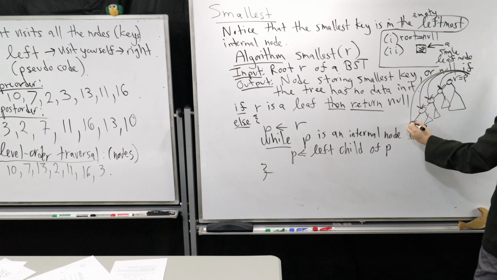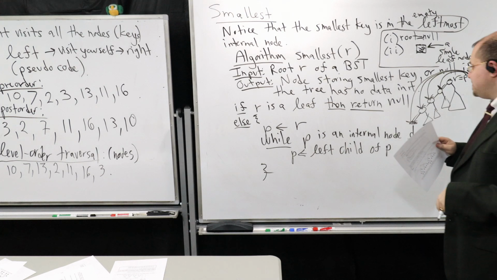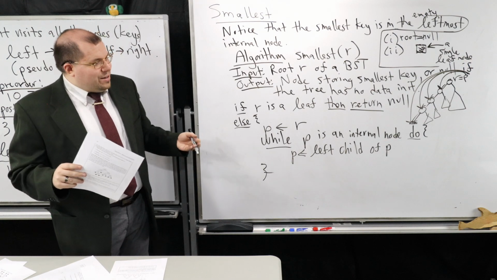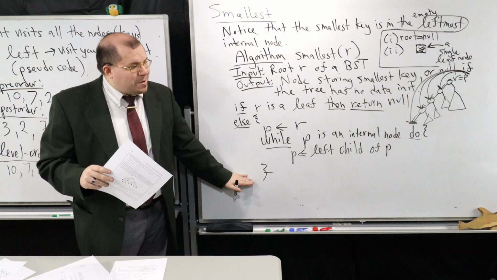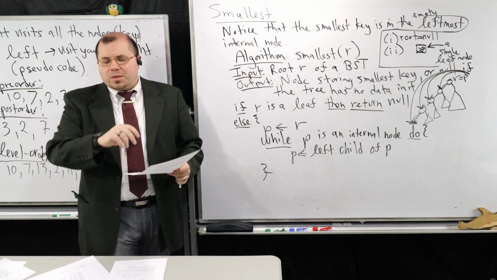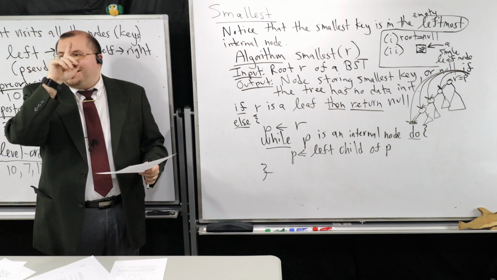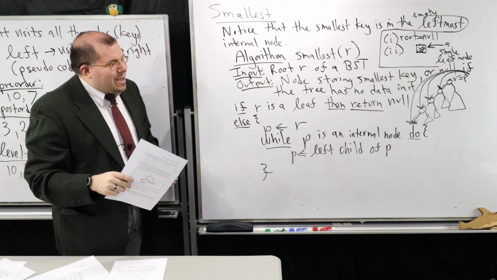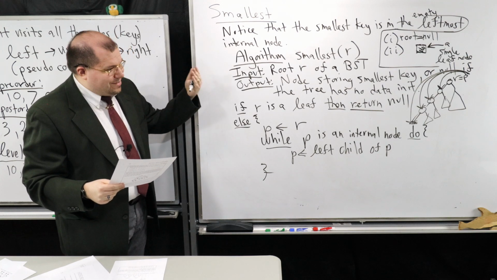So I keep going until P is no longer an internal node. That means that when I exit this while loop, is P still an internal node, or what is it? It's a leaf. So right now it's a leaf node. How do I get the smallest record then? So the node that has the smallest record.